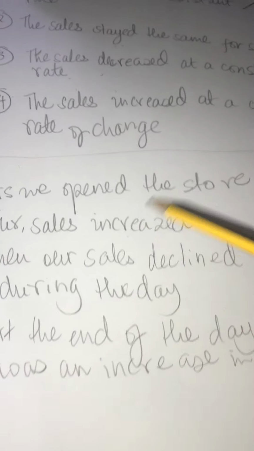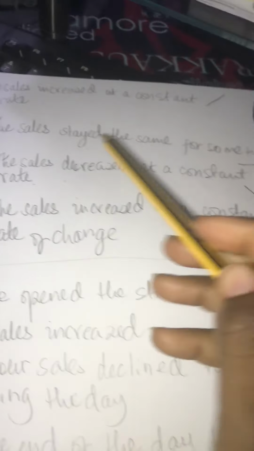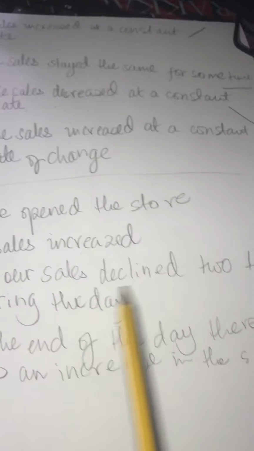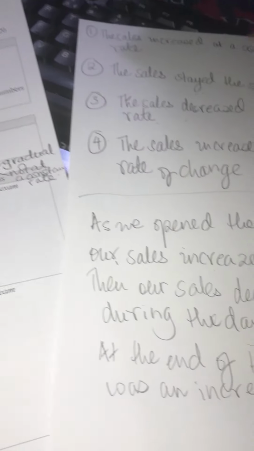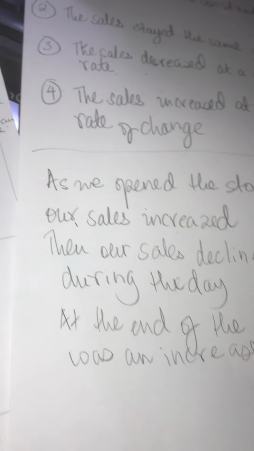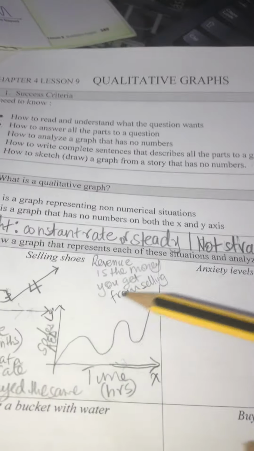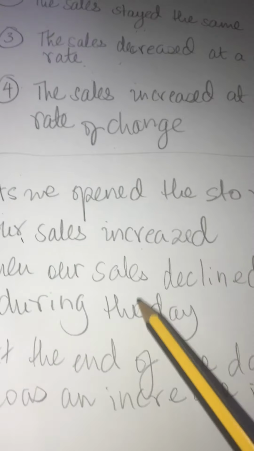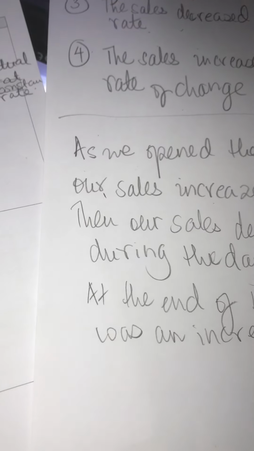Okay, and you notice I didn't use any numbers in my stories. You see, there were no numbers in my story. So that means I have analyzed the qualitative graph. I have drawn, I have analyzed. Do you see that? Okay.